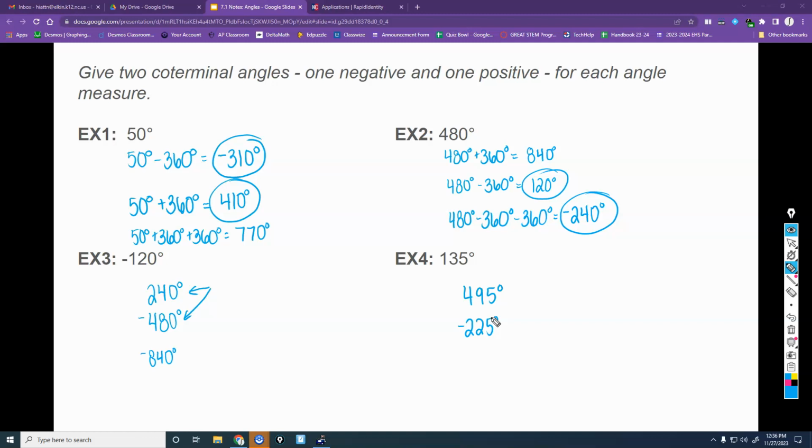Did anybody get anything different for those? Negative 585. That should probably be correct as well. So you can do that. You don't have to for these because it only asks for 1 positive, 1 negative, but you can. Okay. Any questions on those? Does that make sense? Okay.